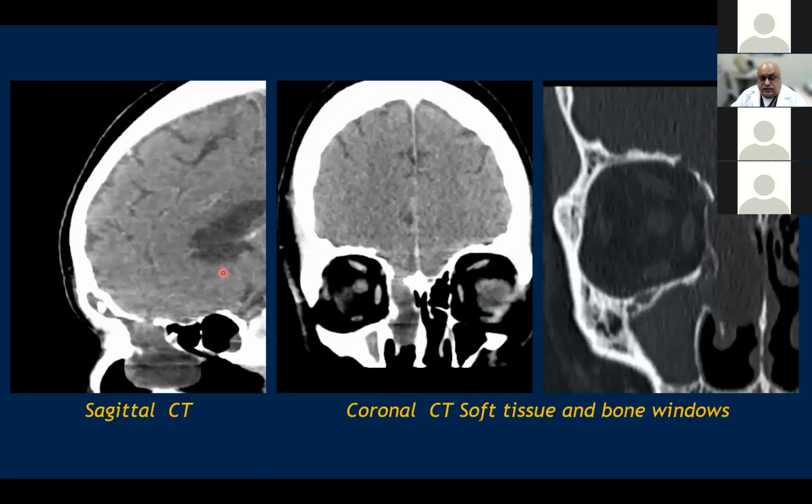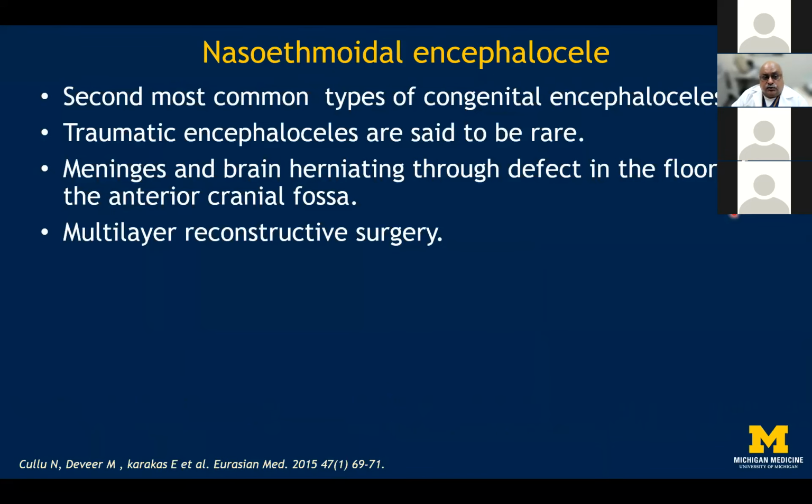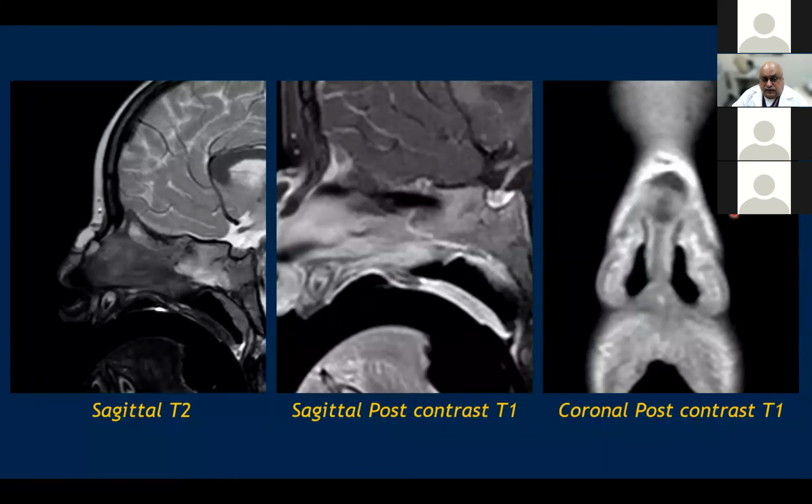The CT was provided to let you see that this appears to be a long-standing congenital variant of encephalocele, not a post-traumatic one, which was shown in the part of the lecture. So this was the second most common type of cephalocele. The most common is, of course, the occipital cephalocele, and one would require multi-layered reconstructive surgery to repair the defect.